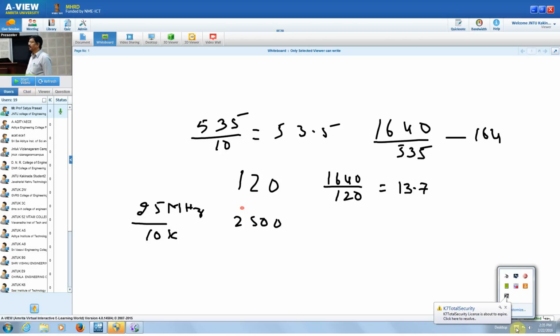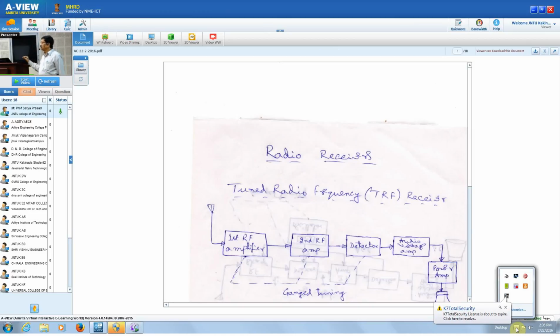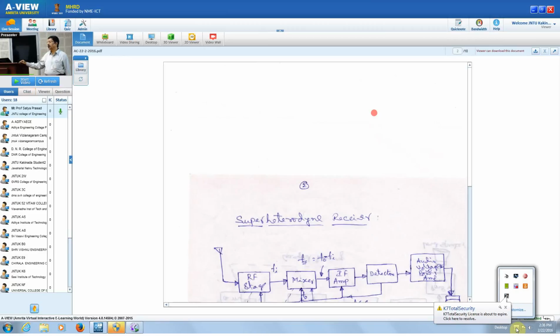All your sideband and additional channel signals pass through your tuned circuit at those frequencies. Therefore, we can't go for the operation of a tuned radio frequency receiver.